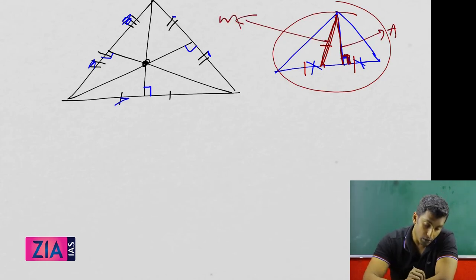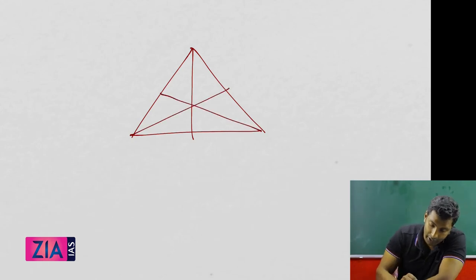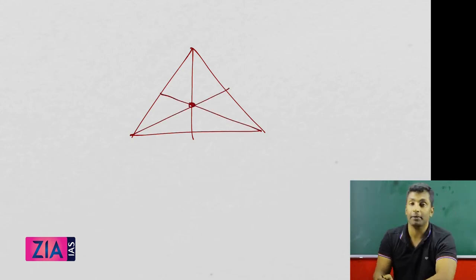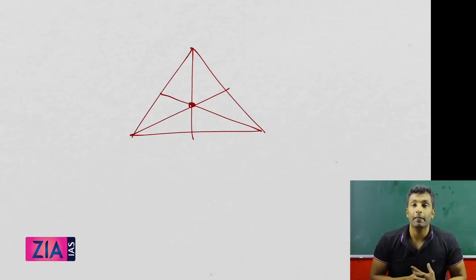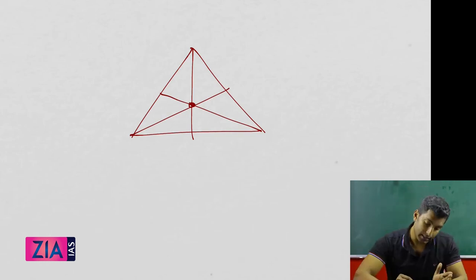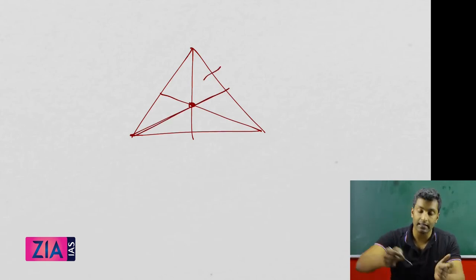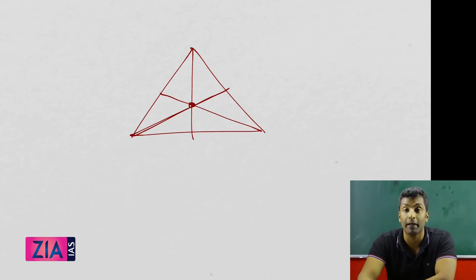Now what is the orthocenter? The orthocenter is nothing but the intersection of the altitudes you drop. So this is your orthocenter. What is the difference between the centroid and the orthocenter? The centroid is the intersection of medians, and a median divides the opposite side equally, but here that is not happening.